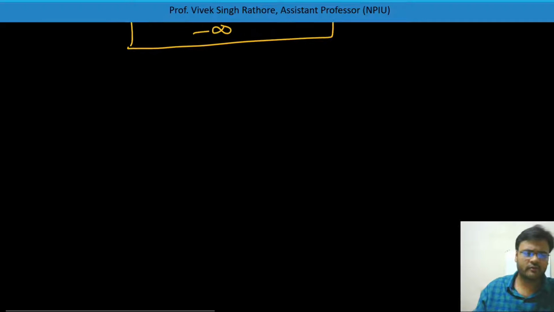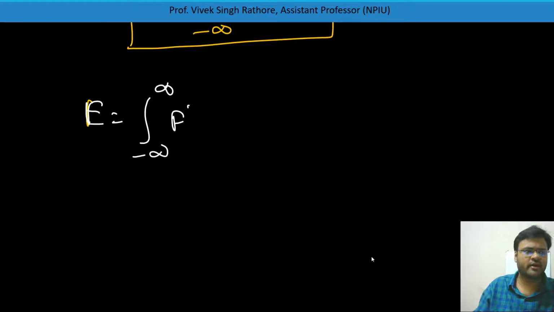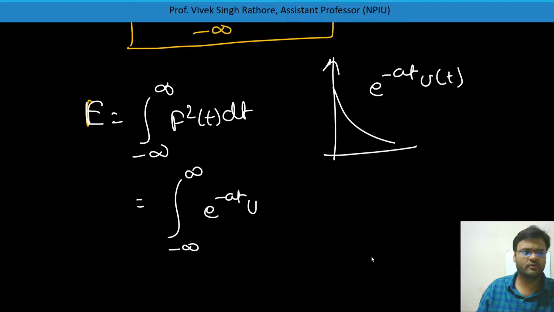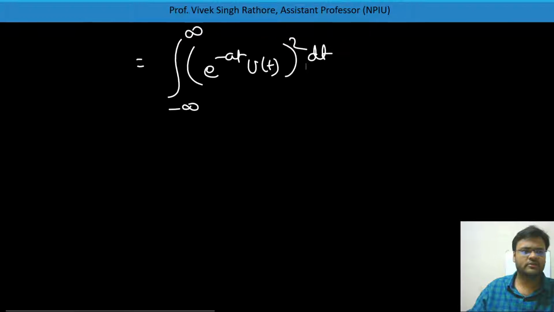Let's do it for this question. The formula we have seen is E is equal to the integral from minus infinity to infinity of f squared of t dt. You know f(t) was e to the power minus at u(t). So you can write it as the integral from minus infinity to infinity of (e to the power minus at u(t)) squared dt.